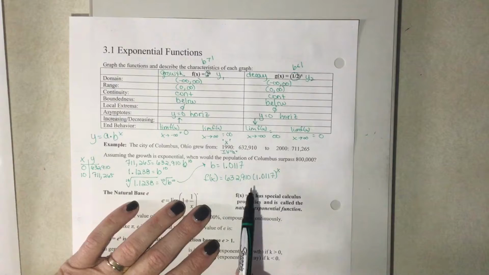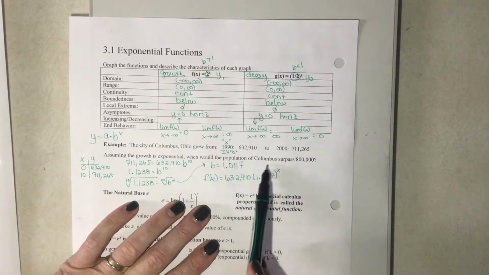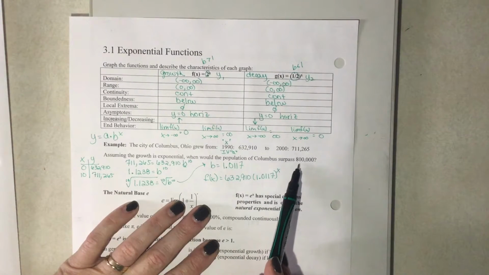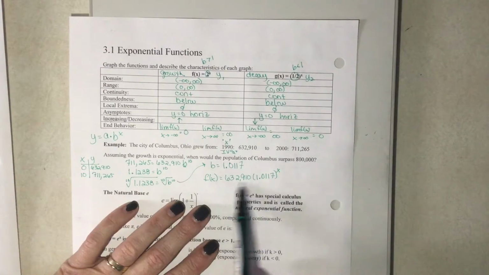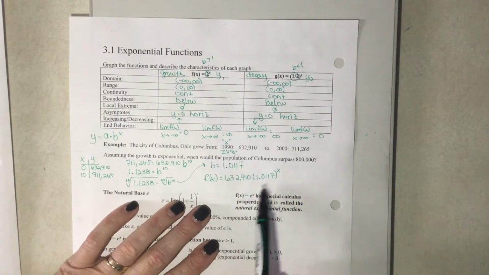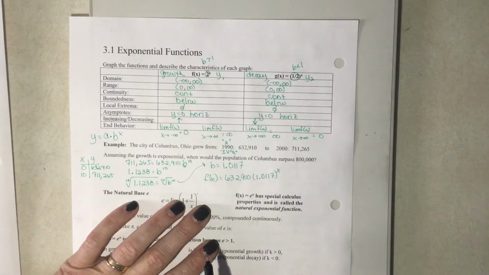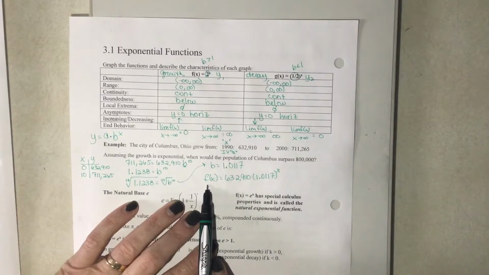So we want to know, when is the population going to surpass 800,000? Given this equation, give me some ideas on how I can solve for that. We could plug in the 800,000 for y to solve for x.